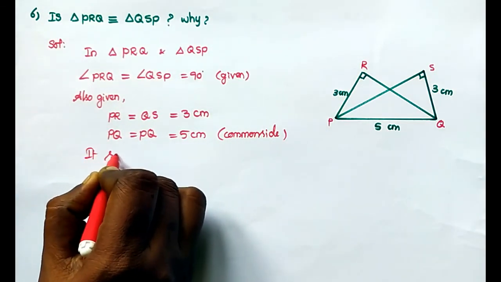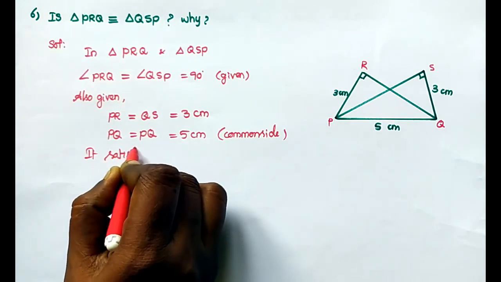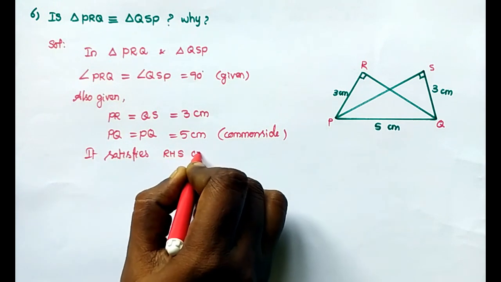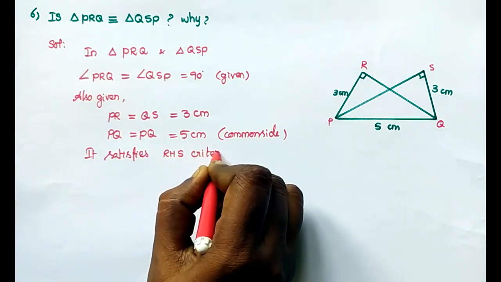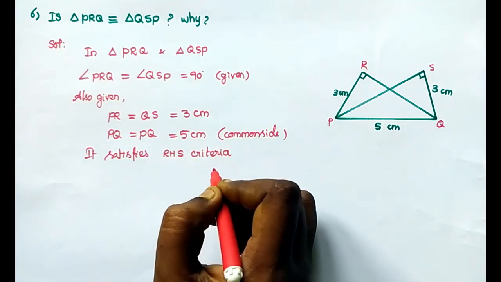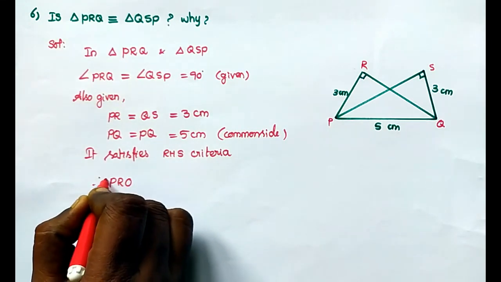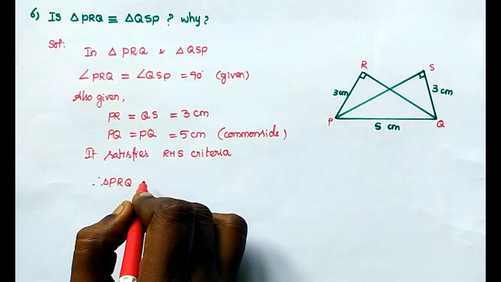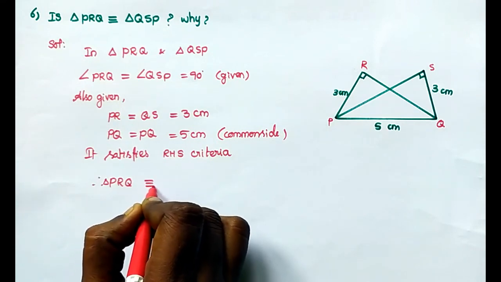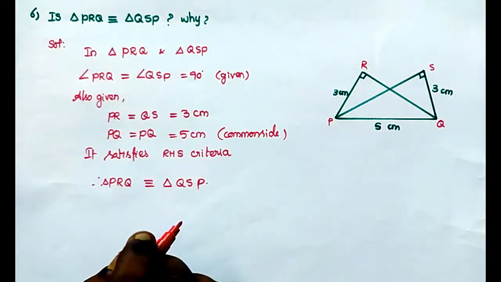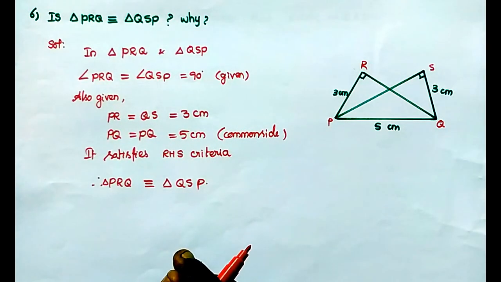So it satisfies right hand side criteria. Therefore, triangle PRQ is congruent to QSP. That is the reason.